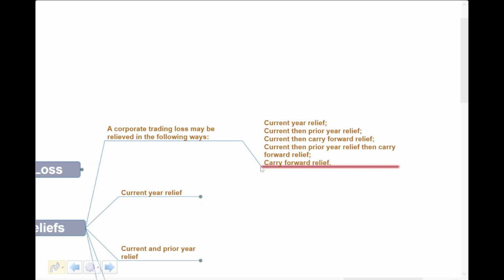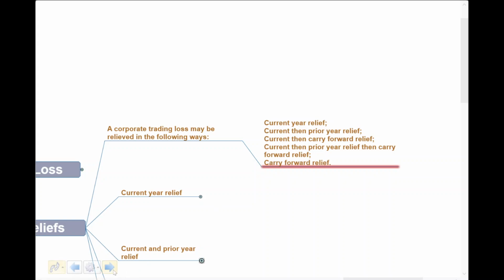So, basically, 5 in all, and I'm going to run you through in brief each of them. But remember, in particular for losses, the way to get up to speed is learn the basic provisions, for example, current then carry forward, and apply it to questions. That's the way that the penny is going to drop.